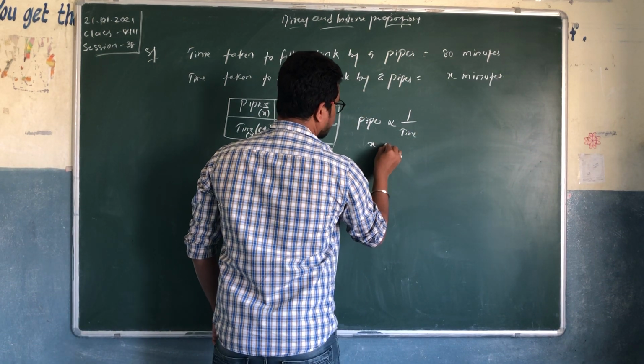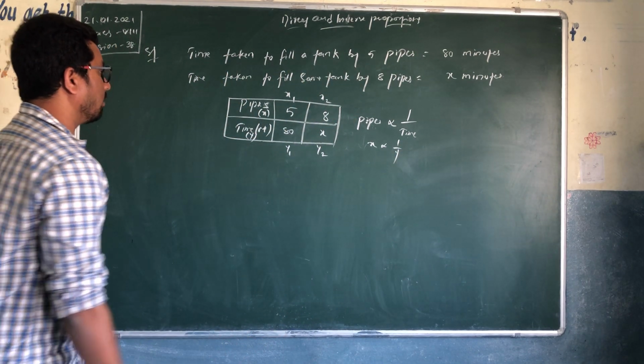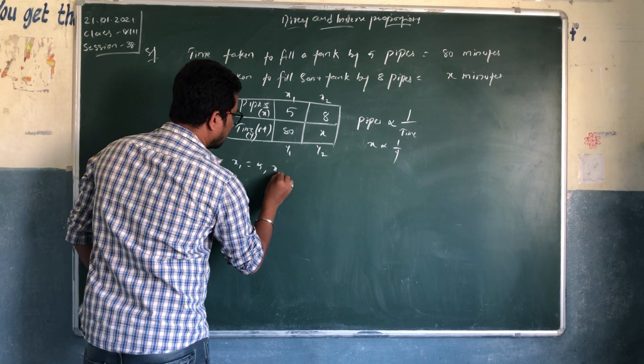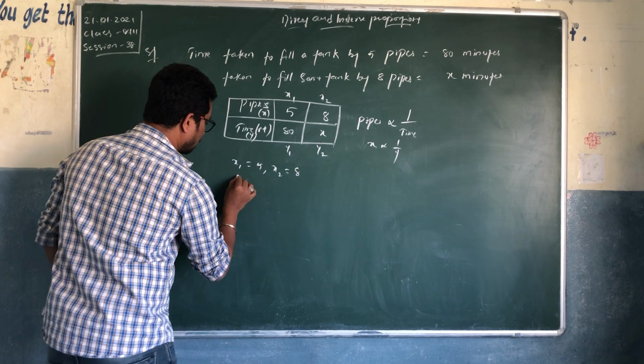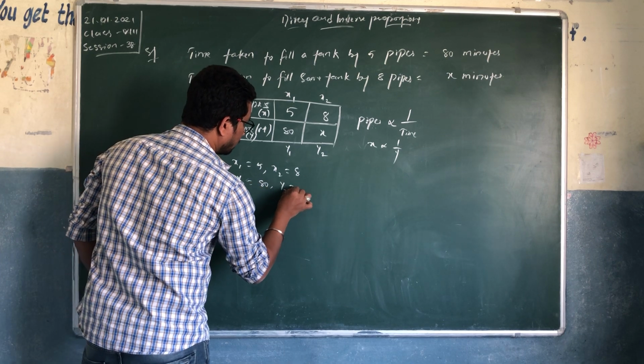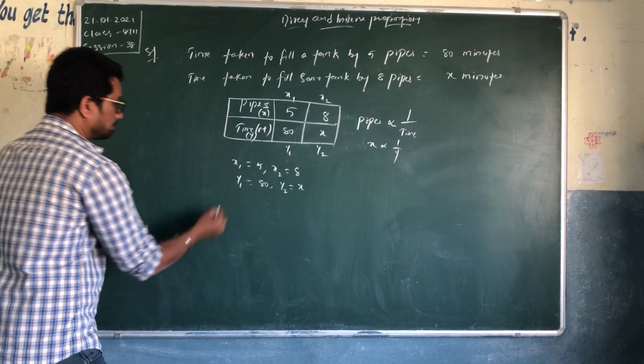Simply, x is directly proportional to 1 by y. Now x1 is equal to 5, x2 is equal to 8, y1 is equal to 80, y2 is equal to x.